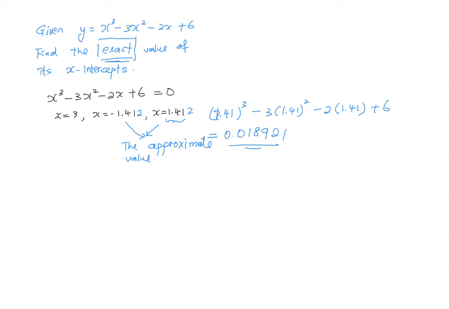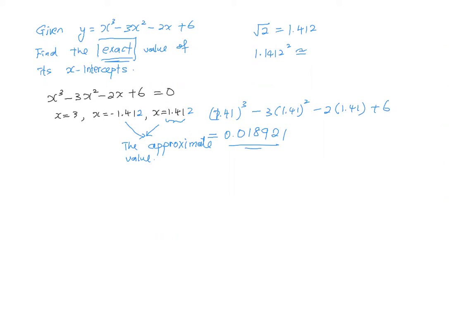So listen here. When we say exact value, for example, you key into calculator √2, you get 1.412, correct? If you take 1.412 and square it, do you get back to 2?